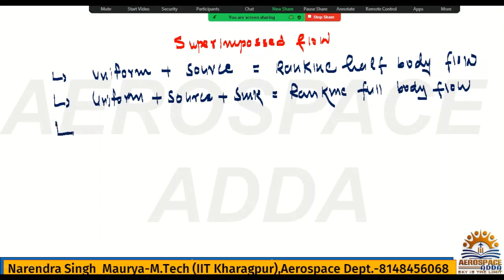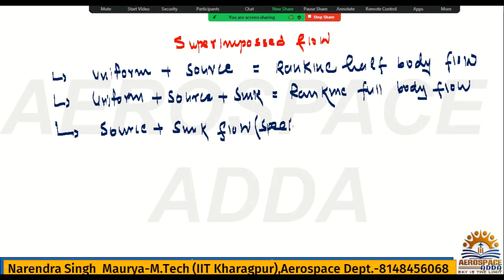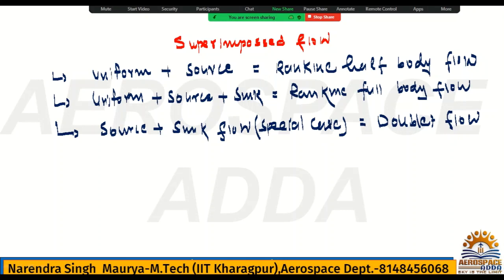Okay. Then we'll have source plus sink flow. There is a special case. One special case I will tell you, it is called doublet flow. Just listen carefully, you will understand.